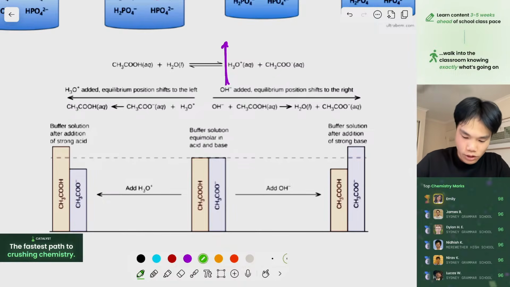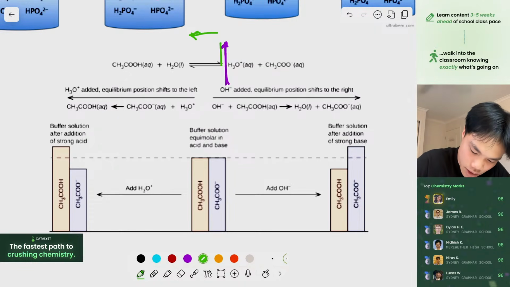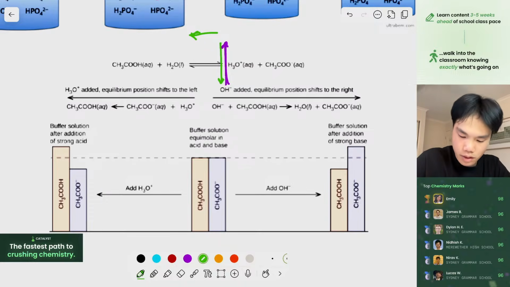So which way should this shift? This should of course shift to minimize or decrease the H3O plus concentration. So to decrease H3O plus, we have to shift left in order to bring H3O plus back down, and it'll be near complete resistance, but not full resistance, because we can never fully counteract change.